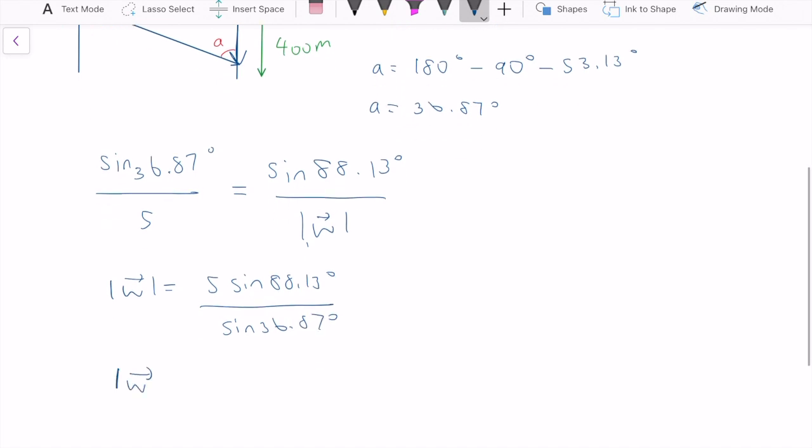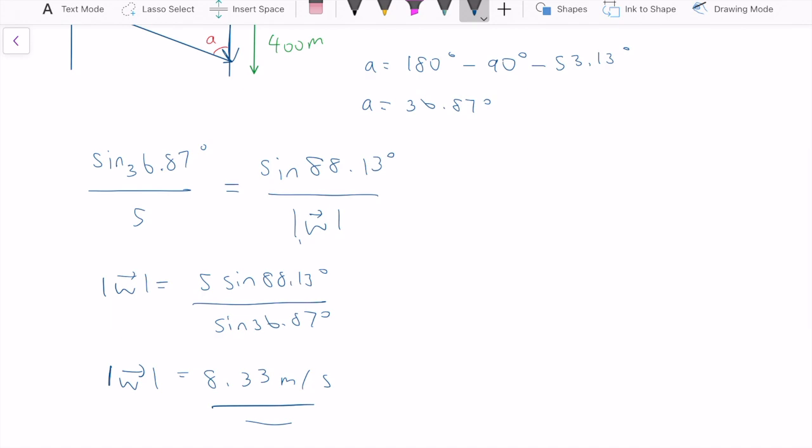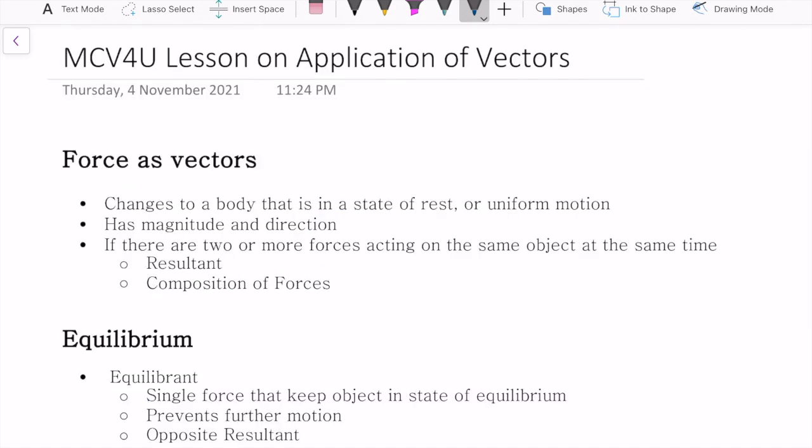Therefore, we can calculate that equals 8.33 meters per second. Done. Well, I hope you learned something with this lesson, and good luck with calculus.